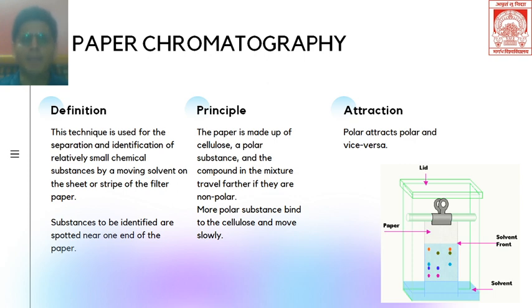The principle of paper chromatography is that the paper is made up of cellulose, a polar substance, and the compounds in the mixture travel farther if they are non-polar. Whereas if the substance is polar in nature, it binds to cellulose, sticks with it and moves slowly. Therefore, the conclusion is polar attracts polar and non-polar attracts non-polar.